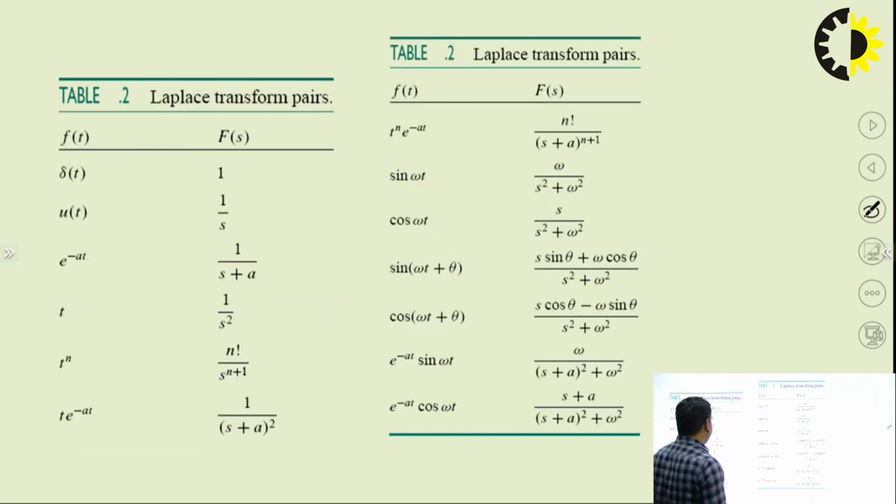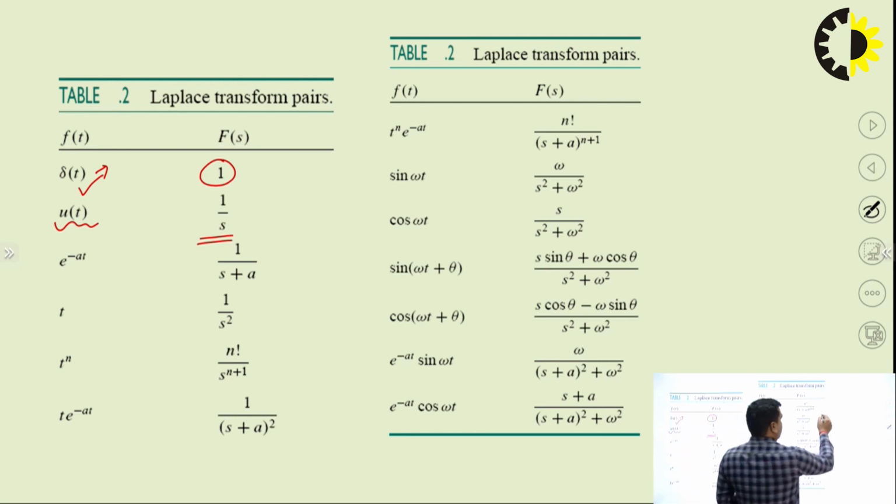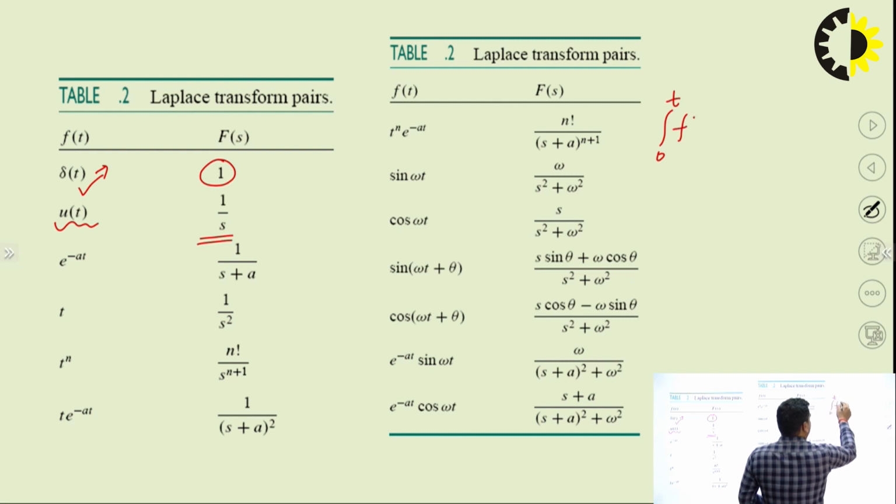So, here we have some expressions, some functions. It is f of delta t, delta t is the impulse function. So, the Laplace transform of the impulse function is 1. Here it is u(t), the Laplace transform of u(t) is 1 upon s. As we can see, the Laplace transform is the integral from 0 to t of f(t) e power minus st dt.